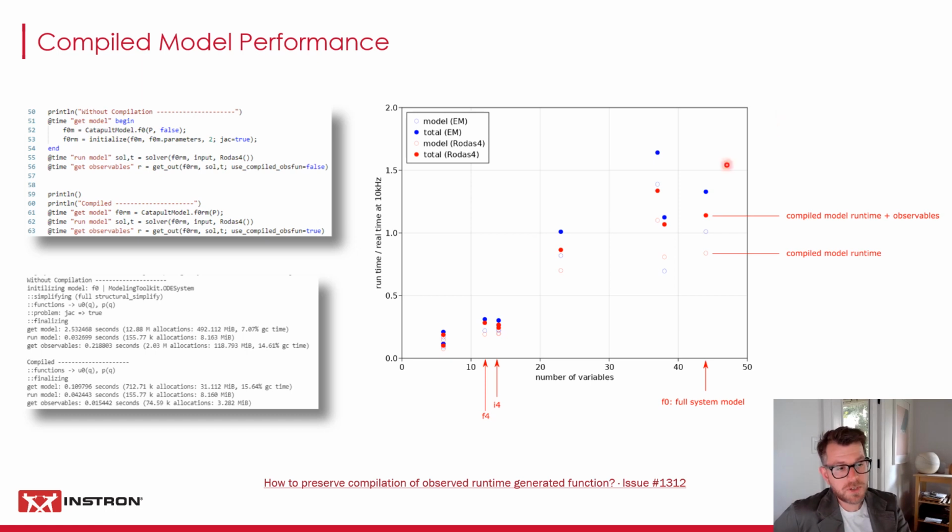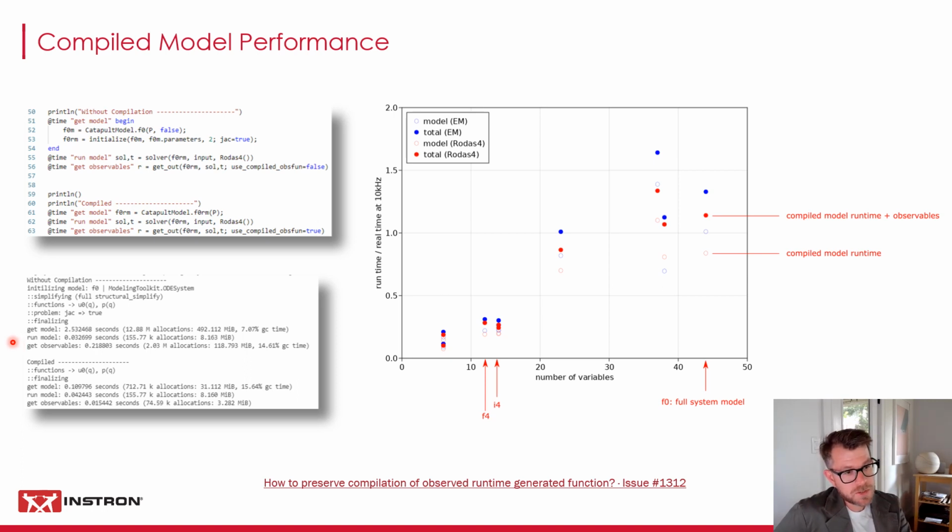I show here on the left the difference between the serialized and non-serialized versions of the model. So if we haven't serialized the model and we're generating it from the original, if we're building the model from scratch, then it takes significant time to run structural simplify and put together the ODE problem.